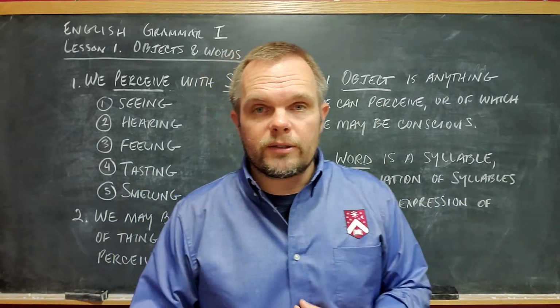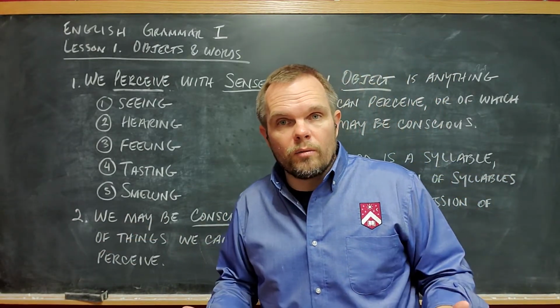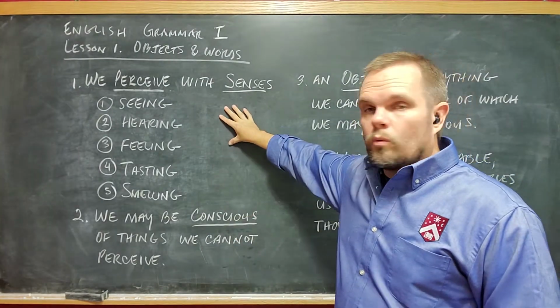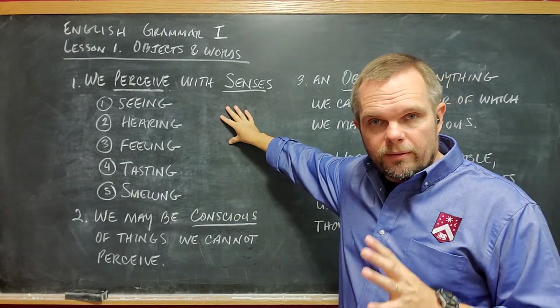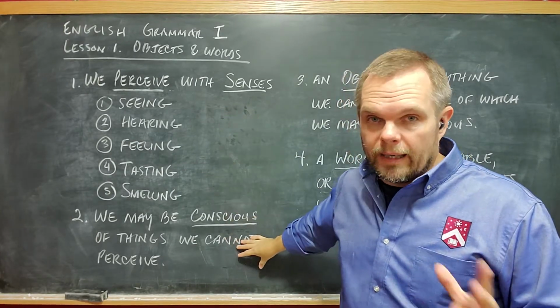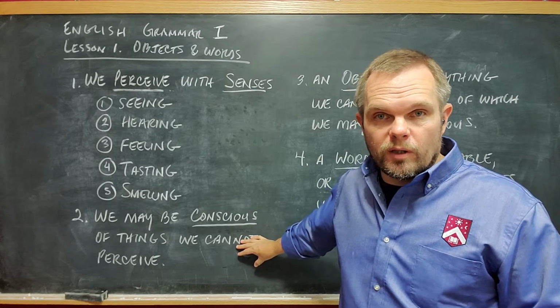Objects, all of the things that God has created, are things that we can know. We can be conscious of them, or we can perceive them. Some things we can perceive, some things we can know, but we cannot perceive. There are other ways of knowing things.